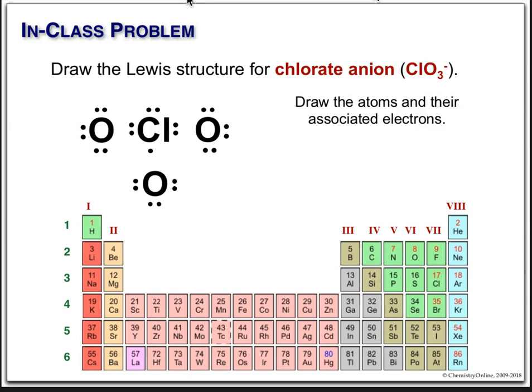Now, if you look at what I've written, you can see why I did it that way. Because we have 2 electrons here to make a bond, don't we? We have 2 here, only 1 here. Oops. But, no problem. Remember, chlorate has a single negative charge.